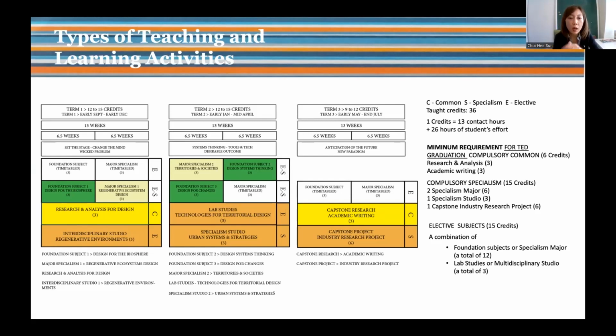Semester 1 is about 13 weeks, and semester 2 is another 13 weeks. After that, from the middle of April until the end of July, students spend their own time on the capstone project, which is an individual project.